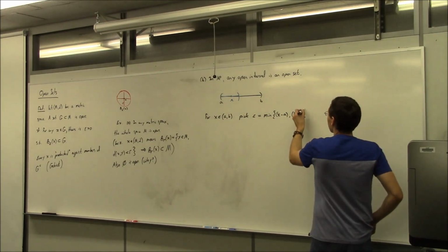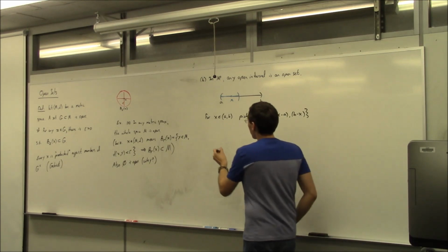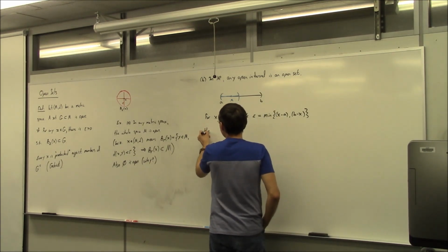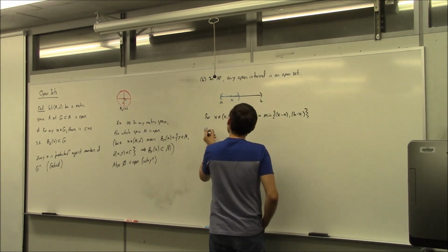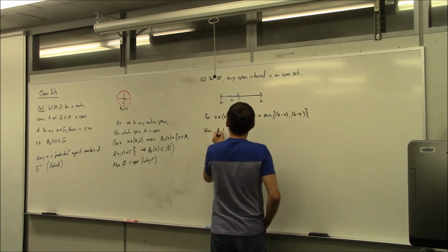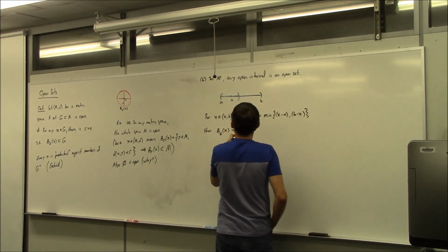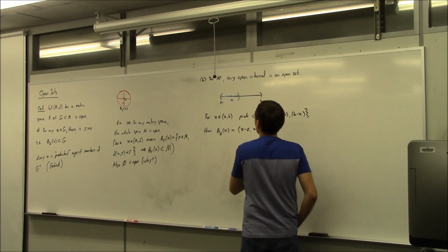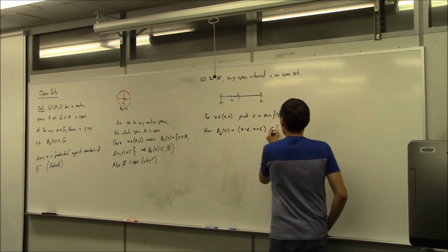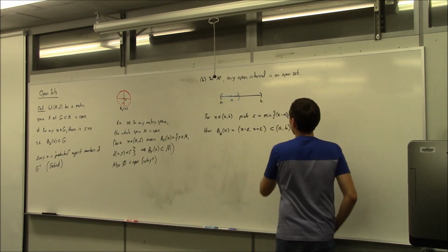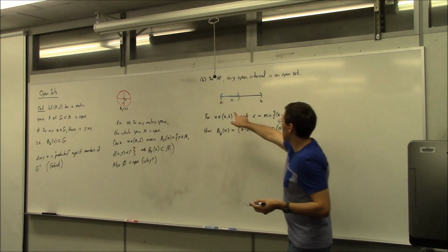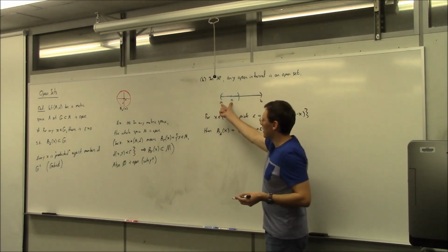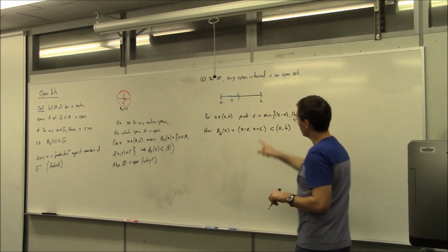Right? Then the ball of radius epsilon around x, which equals (x minus epsilon, x plus epsilon), will be a subset of the interval (a, b). You see, in this case, the minimum was the distance from a to x. Make sense?